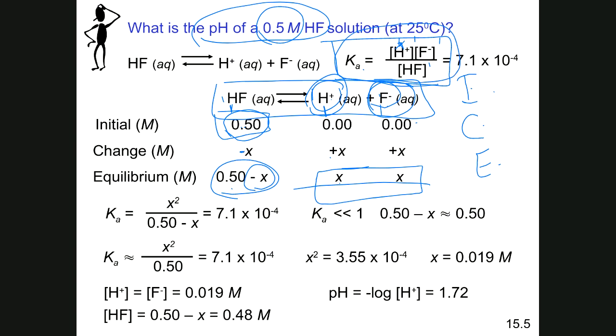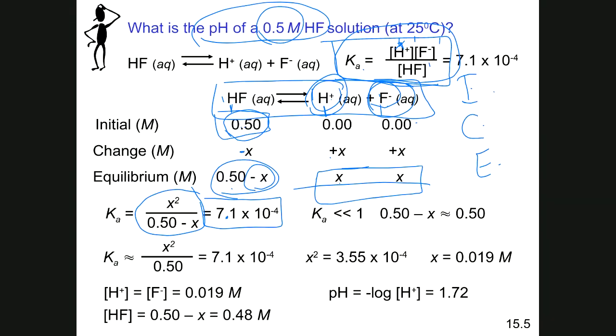You get this expression here: Ka equals X squared over 0.5 minus X, where the Ka value is given to you. After you solve this, you are going to get a quadratic equation.